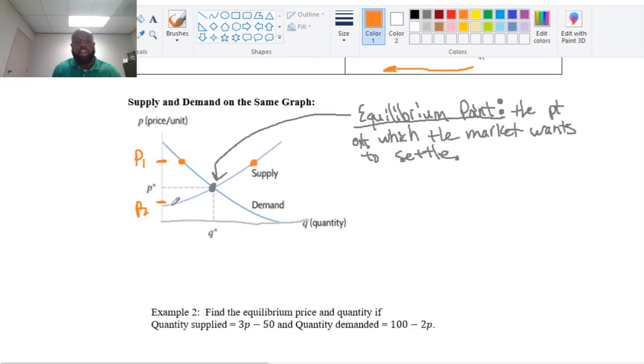This is the supply curve, it's increasing. At P1, this is supply, right? This is the supply graph. Supply is a quantity, right? So the supply quantity is here, the demand quantity is here, all right? It looks like there's more quantity supplied than the demand for that quantity, right?